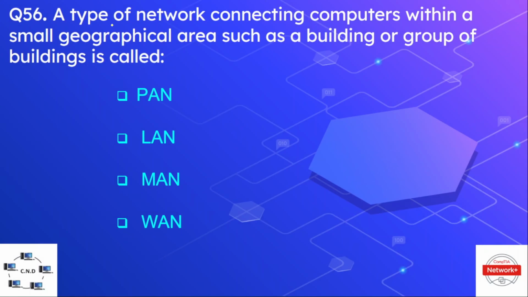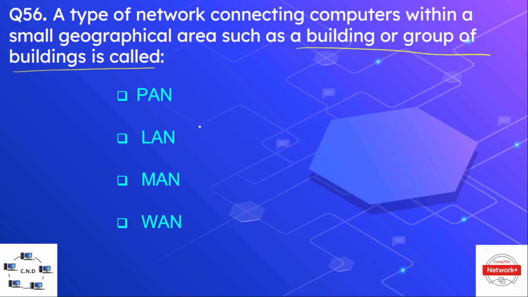So question number 56 is that a type of network connecting computers within a small geographical area such as a building or a group of buildings is known as, the options are PAN, Personal Area Network, LAN, Local Area Network, MAN, Metropolitan Area Network, or WAN, Wide Area Network.